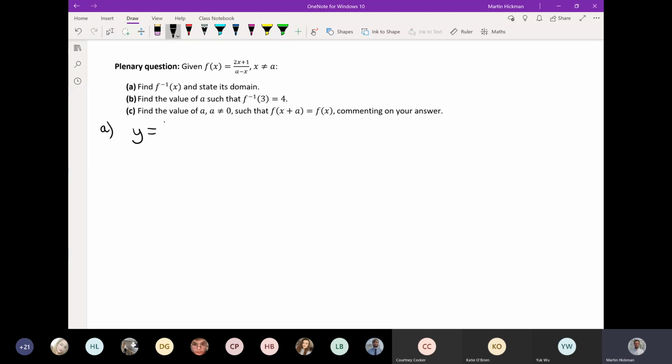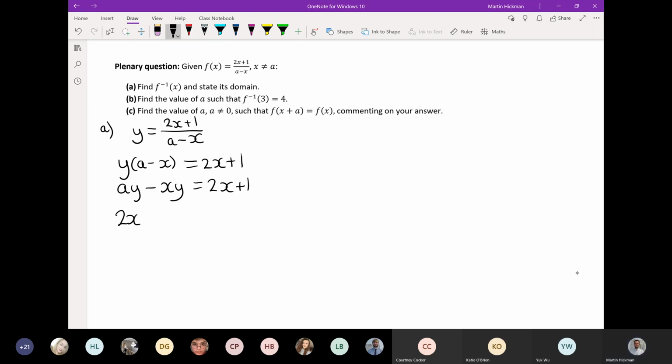So we start off with y equals 2x plus 1 over a minus x. So what I would do first is try and get all the x's over to one side. So I'm going to have to expand a few things out here first. There might be other ways that you might get here, but I'm just going to expand everything out and then get all the x's over to one side, all the non-x's on the other side.